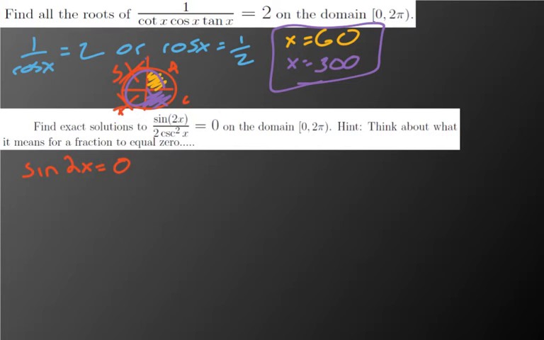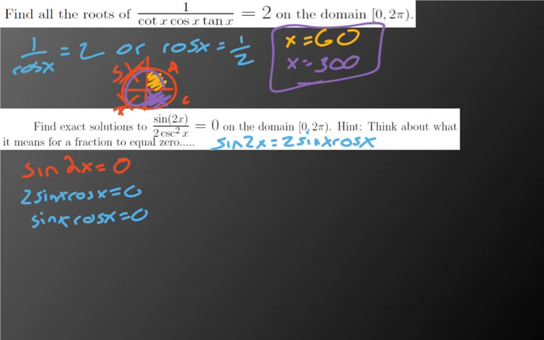So sine 2x, we know, and I will give you these trig identities, equals 2 sine x cos x. So one way to do this is to just write this as 2 sine x cos x equals 0. You can divide out by the 2. And so you basically have two problems now, right? Sine of x needs to equal 0, or cosine of x needs to equal 0.